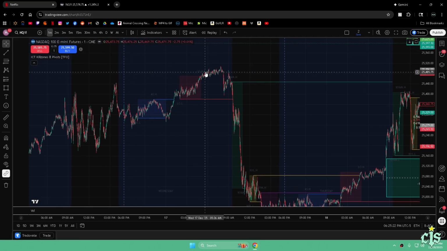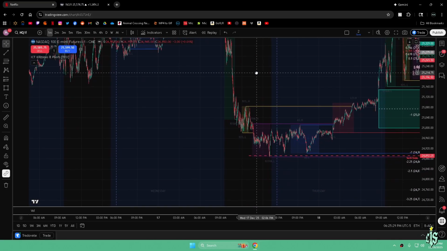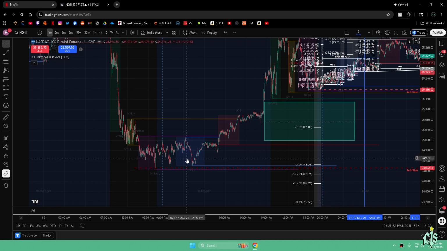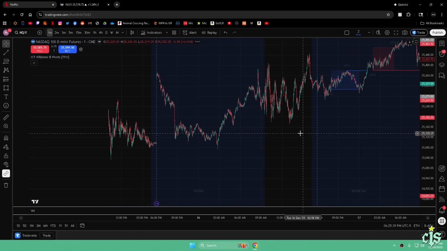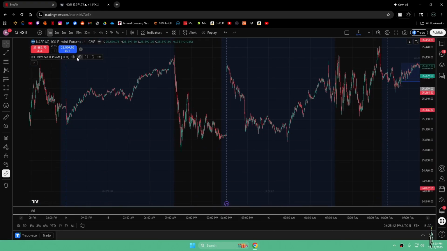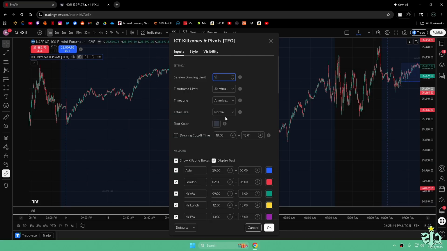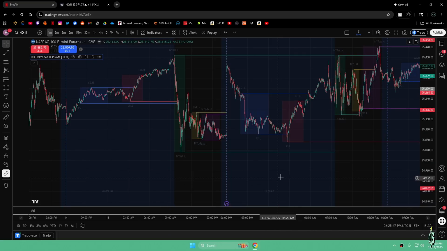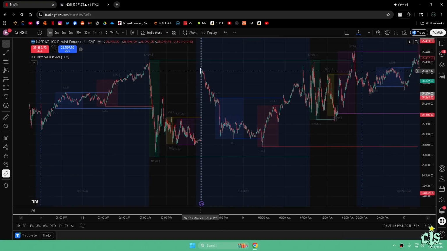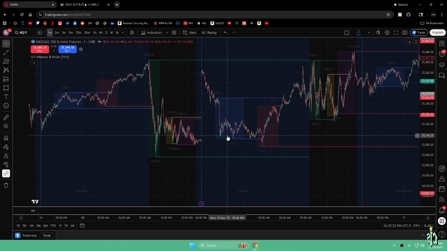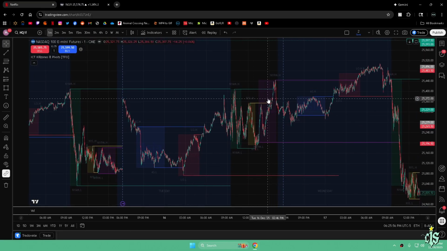We're taking buy sides in Asia and London, buy side liquidity and imbalances, so New York could drop. Right here, Asia, we're taking sell side liquidity and imbalances, so we could go up, right? And then we have Asia taking sell side liquidity or imbalance, and London taking sell side to go up, right?